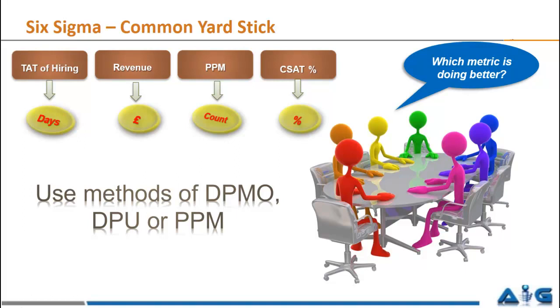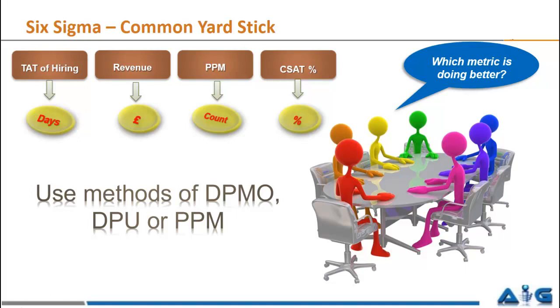CSAT, every measurement in the organization is now being converted to Z scores or DPMO scores such that they are now comparable. I can compare the Z score of process number 1 and Z score of process number 2, or a DPMO score of process number 1 and DPMO score of process number 2.